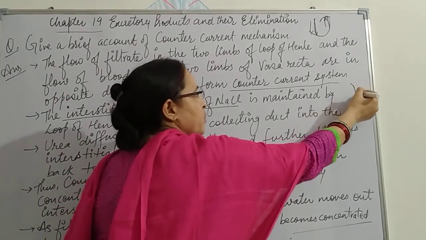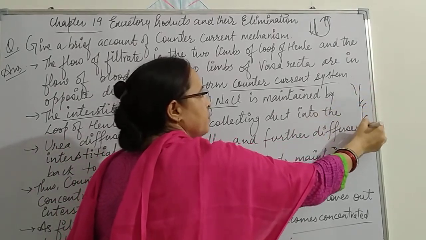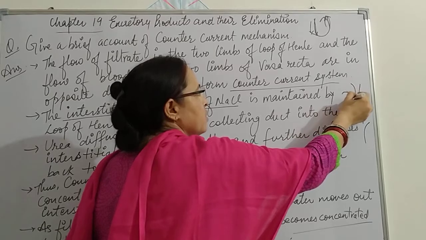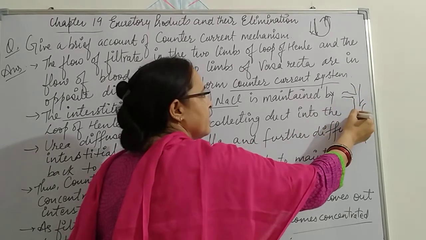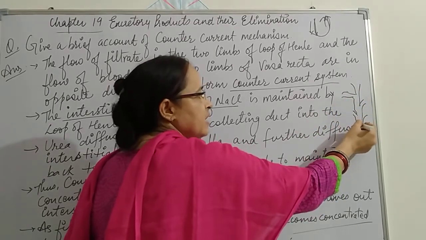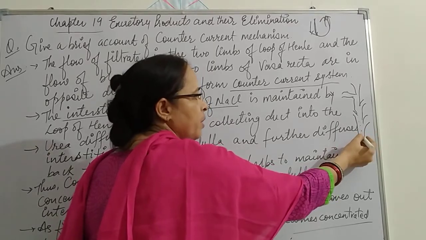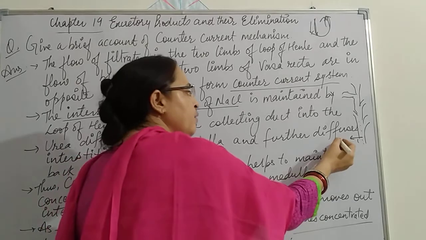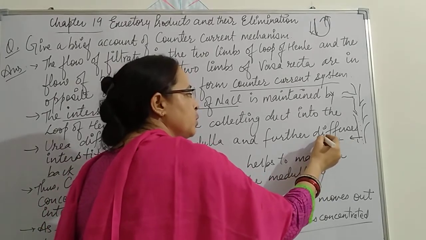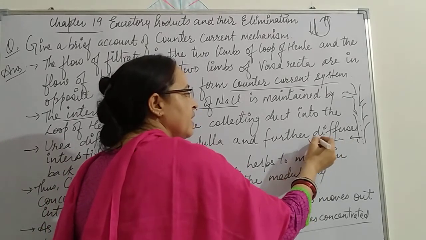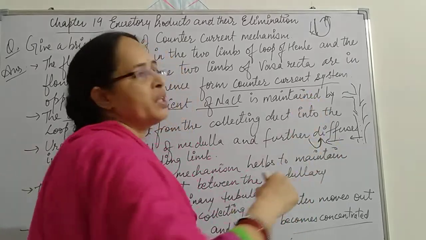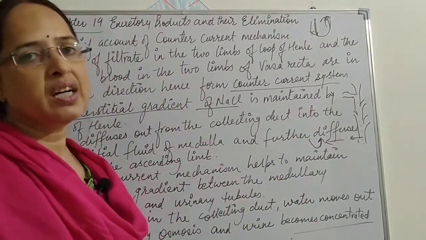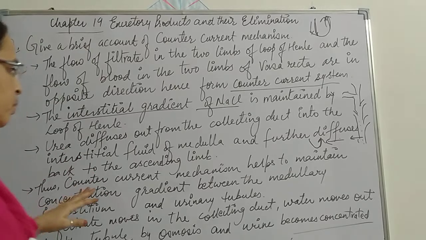If I draw the diagram over here, this is the collecting duct, and over here this is DCT, this is collecting duct. Okay, so urea has entered over here, and from here it enters into the cells of interstitial fluid, and from where it enters into the ascending limb. This is the ascending limb, so it diffuses into the ascending limb of the loop of Henle.